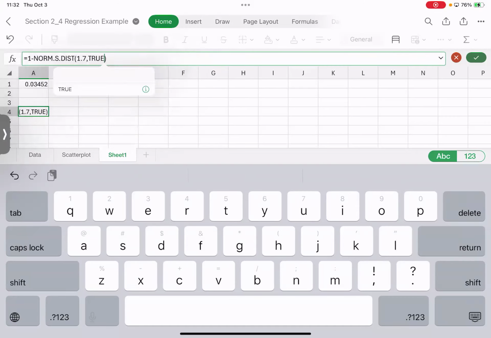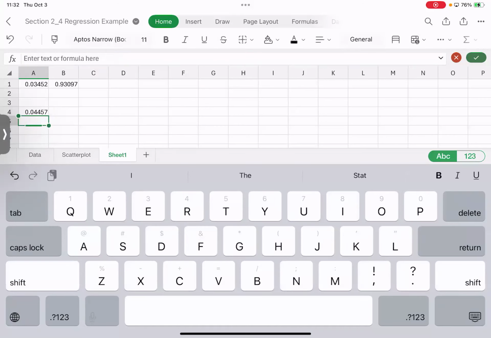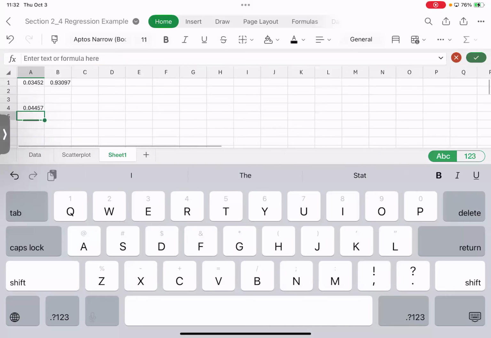It keeps adding brackets, but I don't want them. There. That's more reasonable.